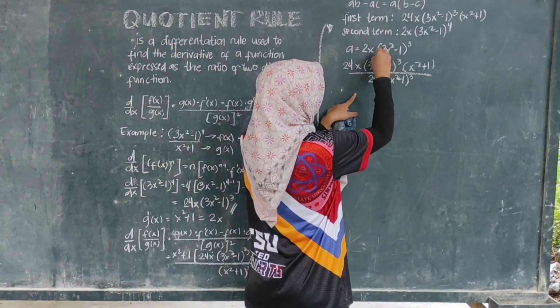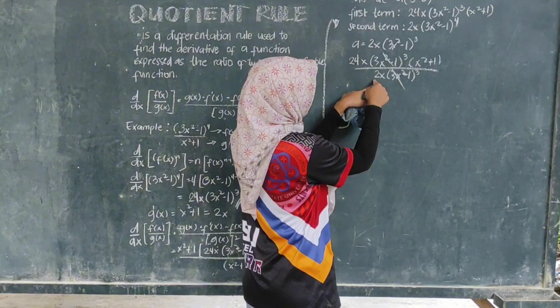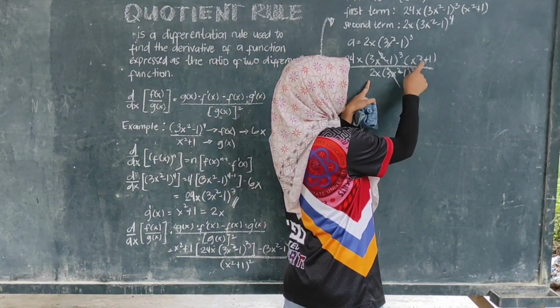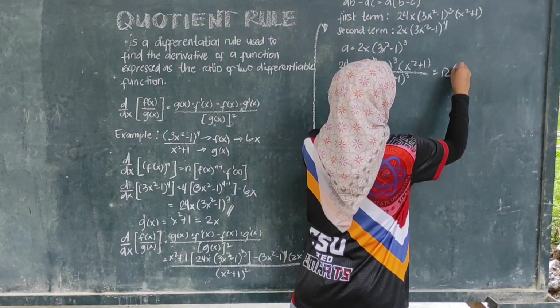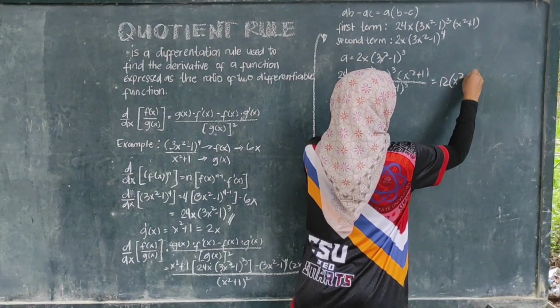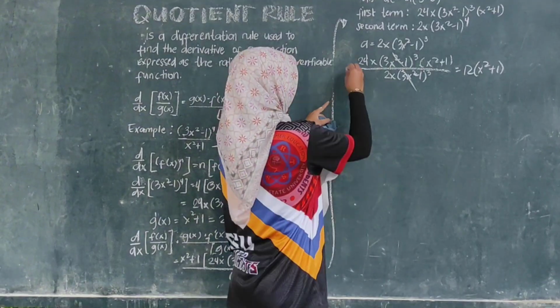So this cancels out. So what remains is 24x over 2x and x squared plus 1. So it becomes 12 times (x squared plus 1). So this is our B.